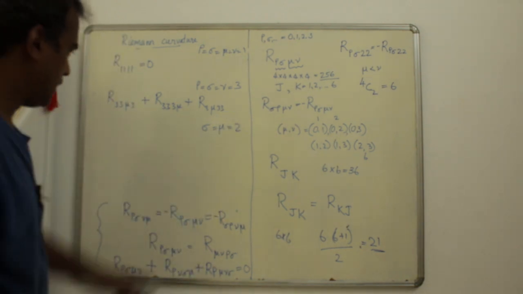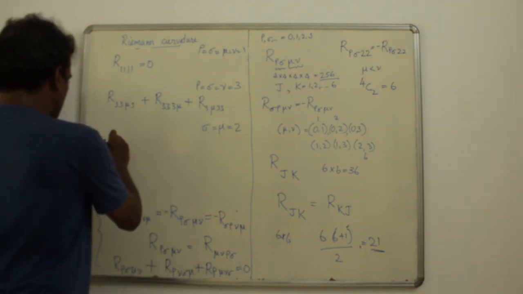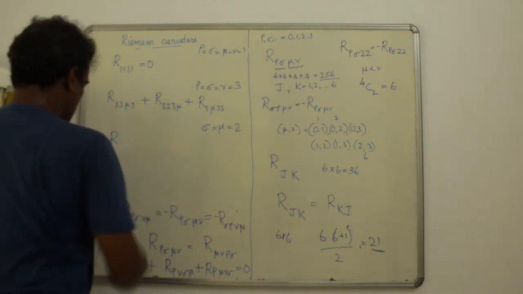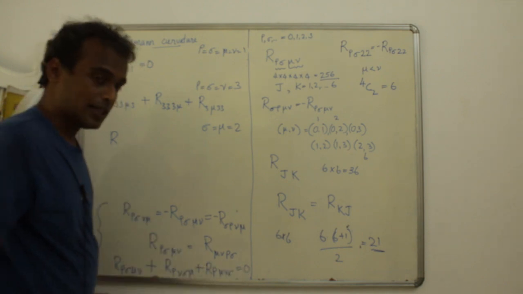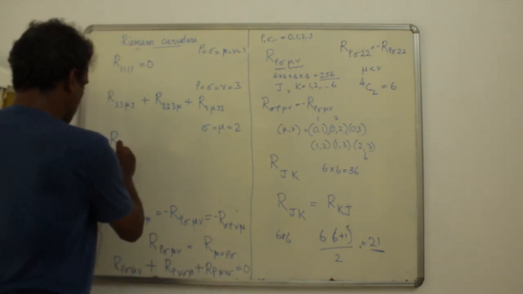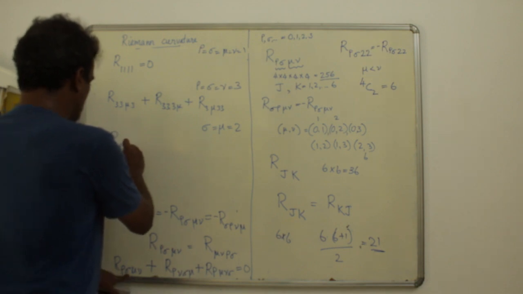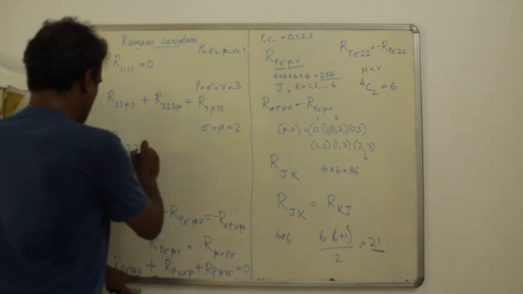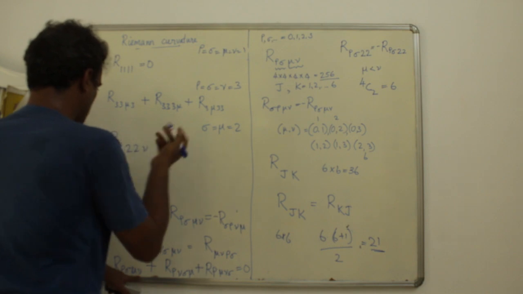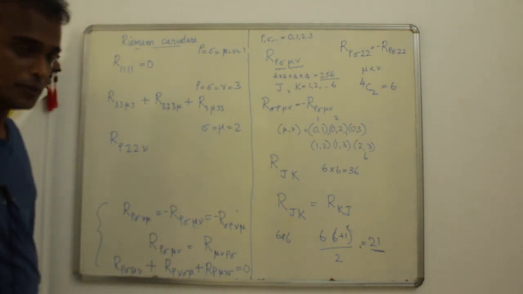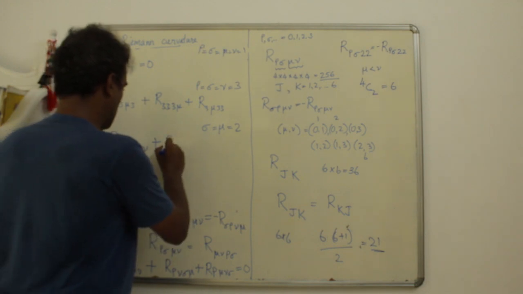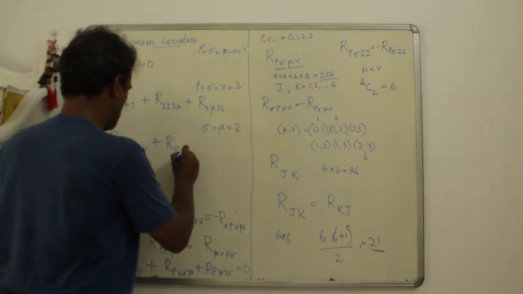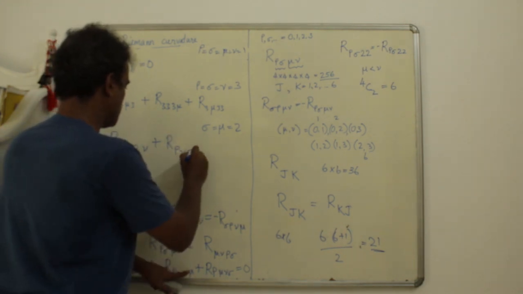The tensor component that we get with sigma equal to mu equal to 2, if for that tensor component I write this identity, the first term in it will be R rho, sigma is 2, mu is 2, and nu is allowed to be anything. The next term in this is R rho, nu, sigma is 2, mu is 2.